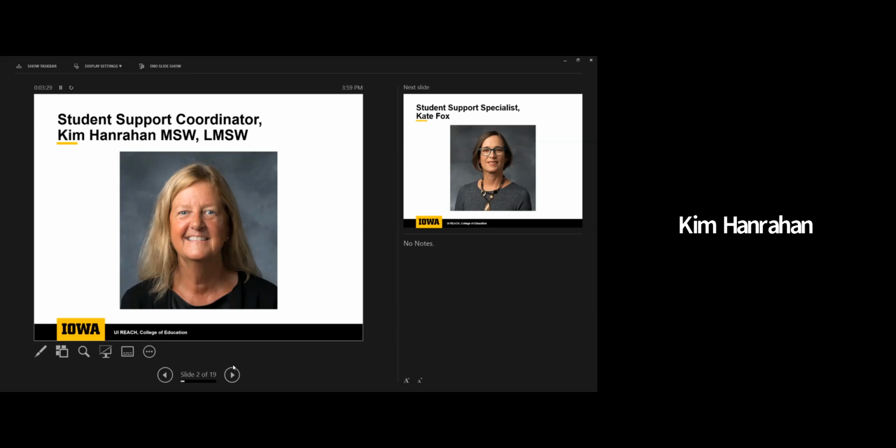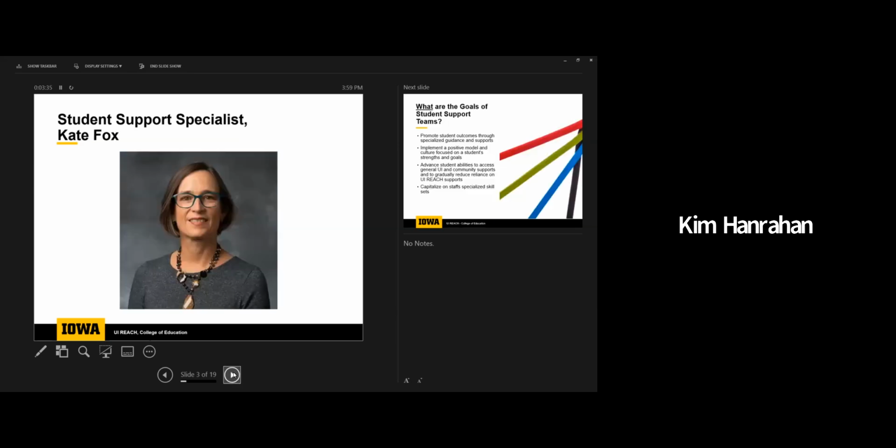And also on my team is Kate Fox. She is a student support specialist that was hired fall or November of 22. So she was able to spend a part of last semester and all of this semester with us. She's proven to be invaluable. She works in the residence halls evenings and weekends to support students with immediate needs in their free time, and most often that is social emotional or can be.